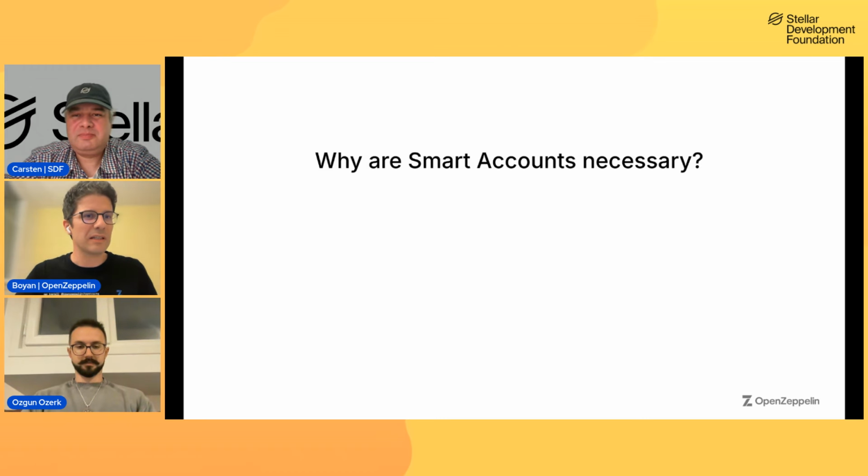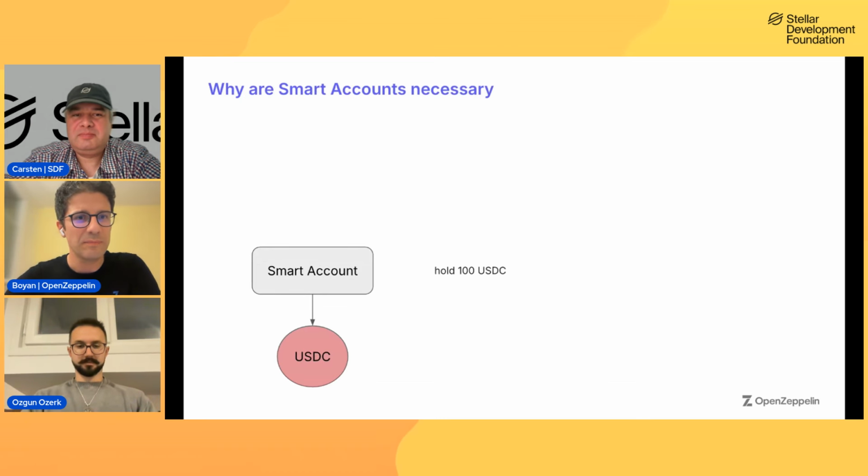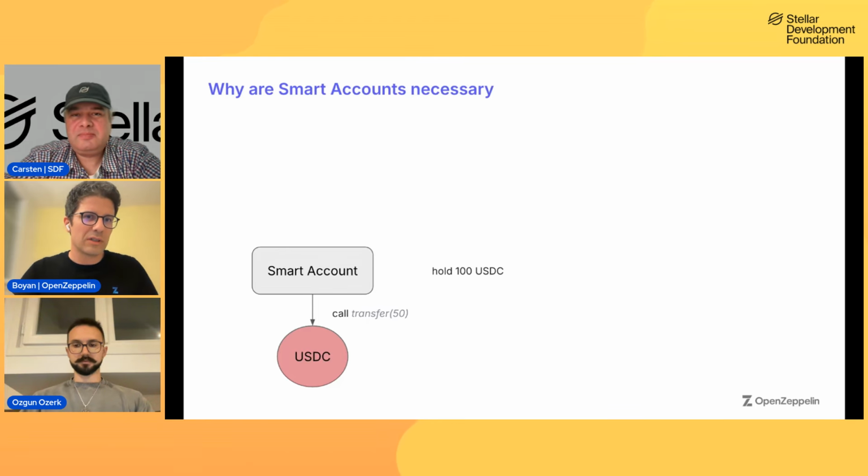Then why are smart accounts necessary? Let's just explore a very simple scenario where a smart account holds some fungible tokens, and the owner of the contract wants to transfer some amount, and that's why they need to call a function on the USDC contract in this case.